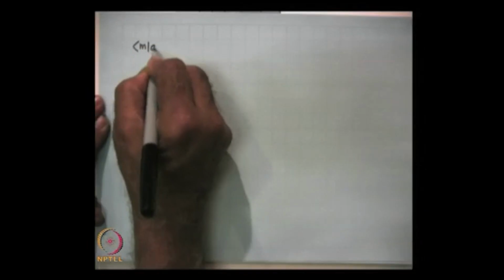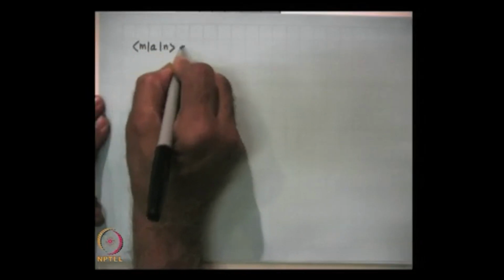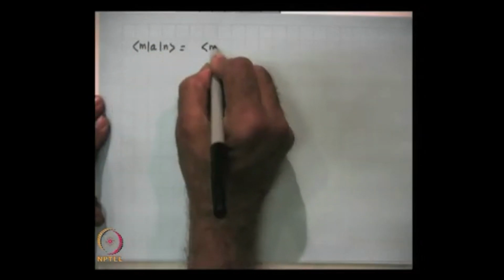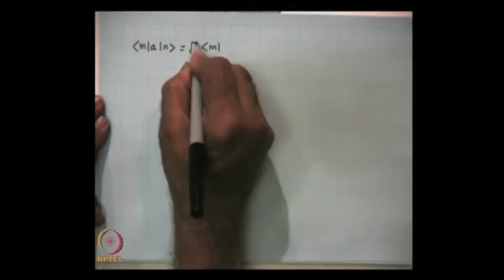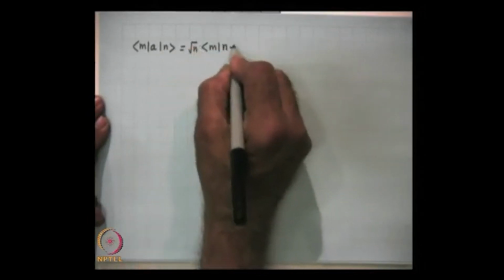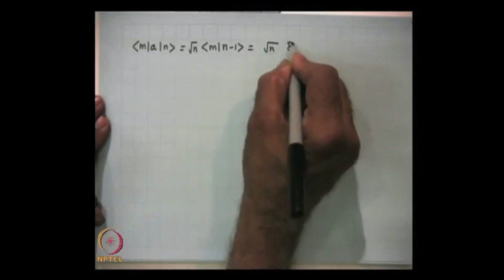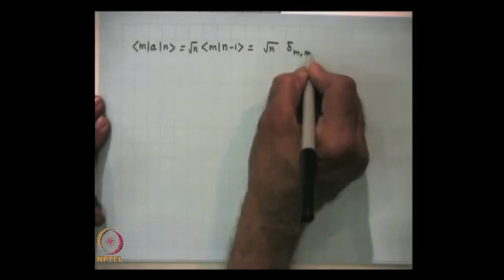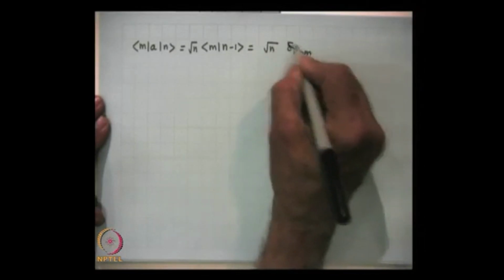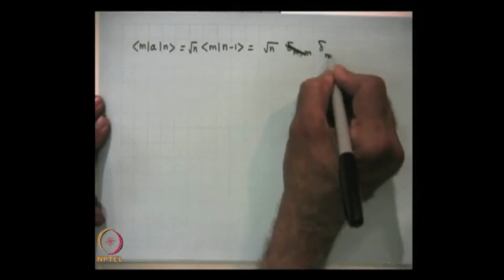I want to first calculate bra m, A, ket n. This is very simple. This will be square root of n, which I take outside, times bra m with ket n minus 1. So this is square root of n delta of m comma n minus 1.